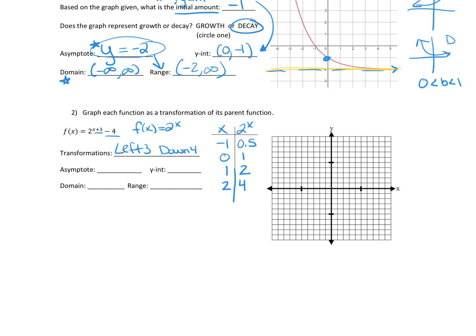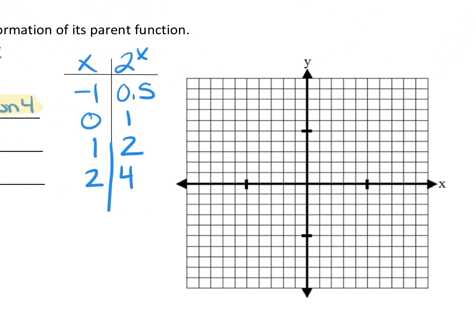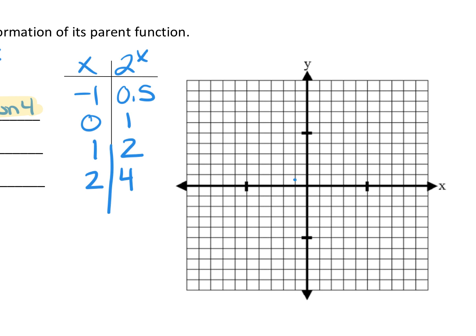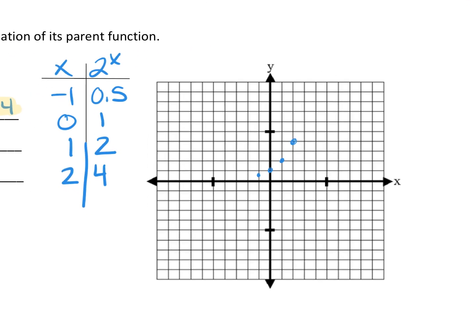Now, I'm going to plot these points really lightly because after I plot these points, I need to remember I'm moving them left 3 and down 4. So if I plot them really lightly, I'm going to zoom in here. -1, 0.5, 0, 1, 1, 2, 2, 4. But now I'm going to take all those points and move them left 3, down 4.